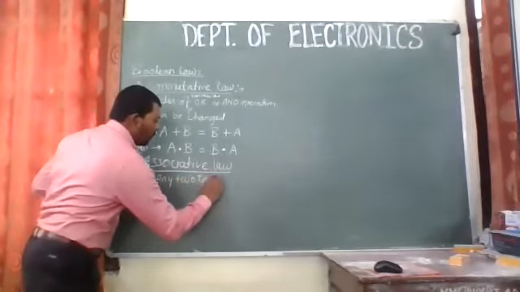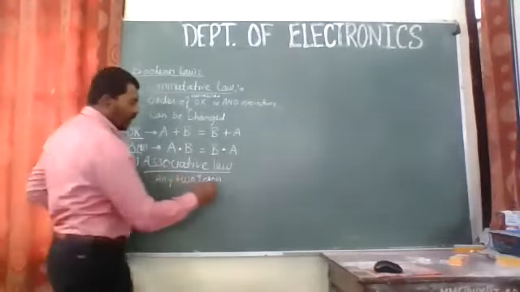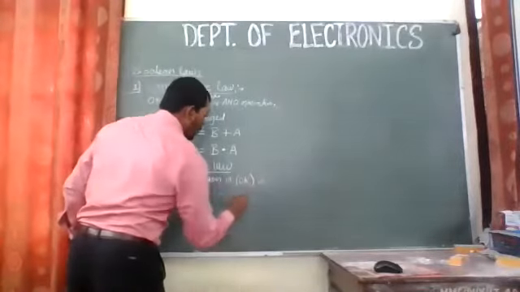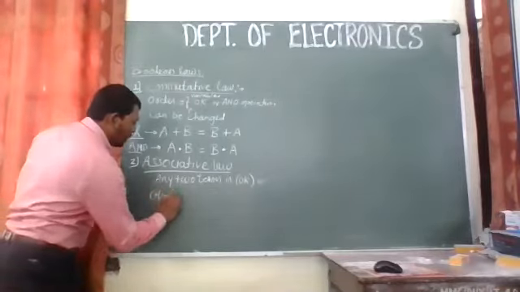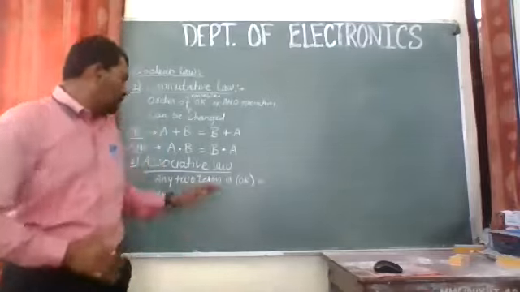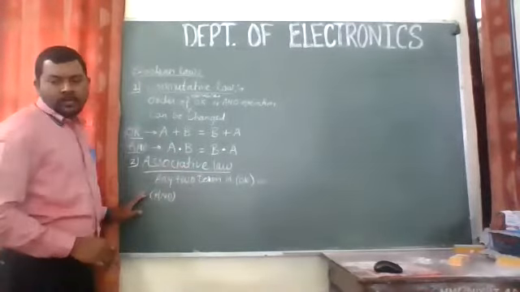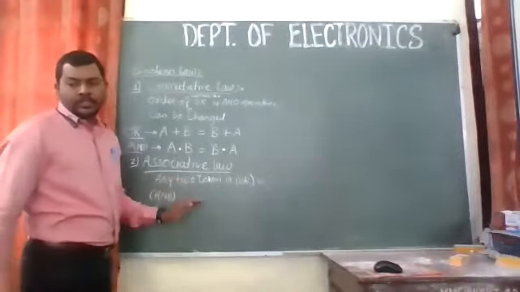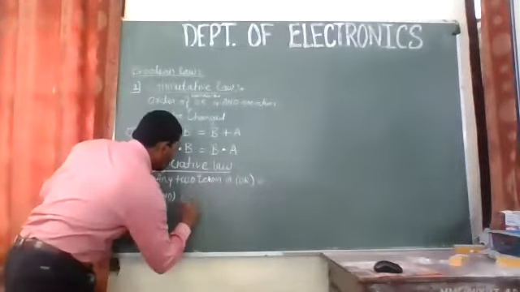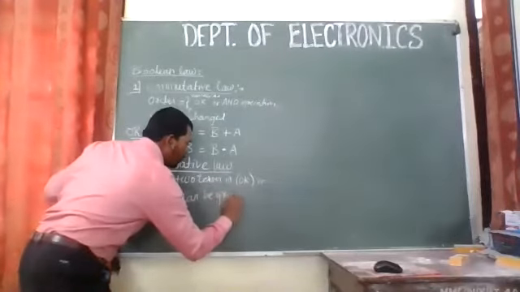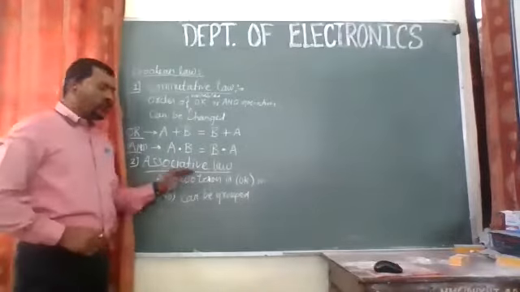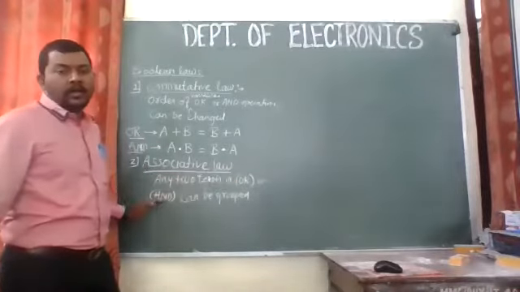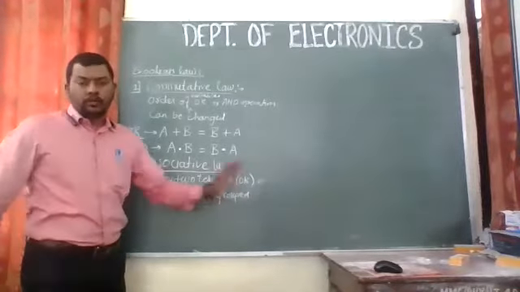Remember this: any two terms or variables in a sum, that is OR, or in a product, that is AND, can be grouped.